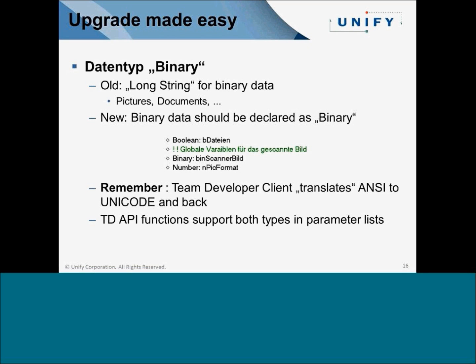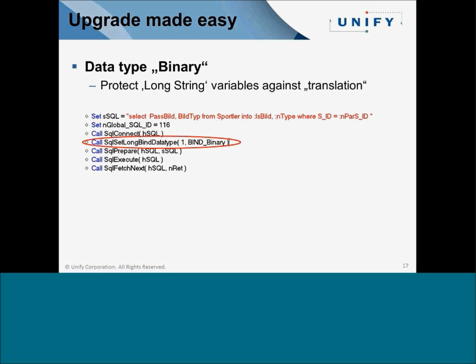But you can say again with the source code, you only have to change at this point the data type of this data into a binary data type. Also, you can use SqlSetLongBindDatatype to protect a special bind variable from being converted. Like in this SQL statement, you will see that we have an INTO long string lsBuild.